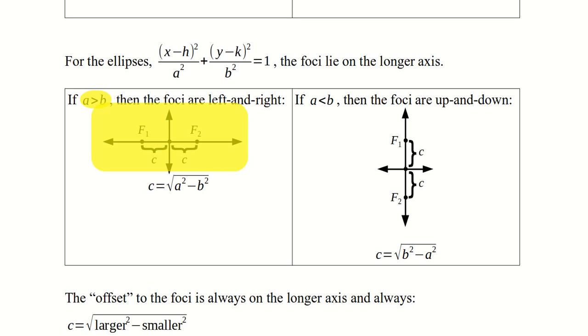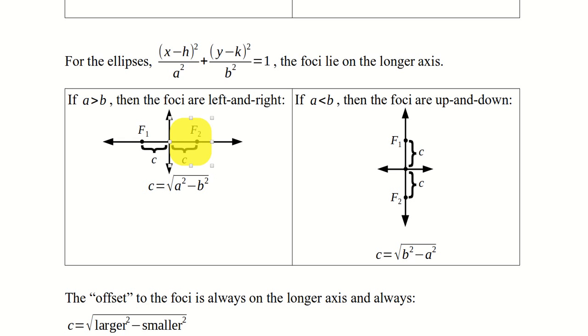The horizontal offsets are bigger than the vertical offset. So in this case, the foci lie on the longer axis. So if our horizontal offsets are the bigger ones, then to find the foci, we go C to the right and C to the left. In other words, C is itself an offset, but it's always in the direction of the longer axis.